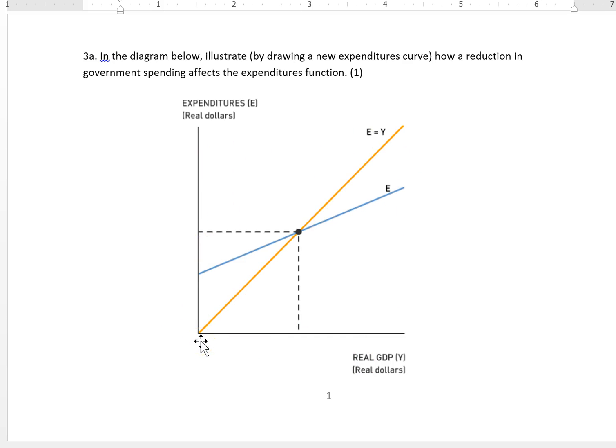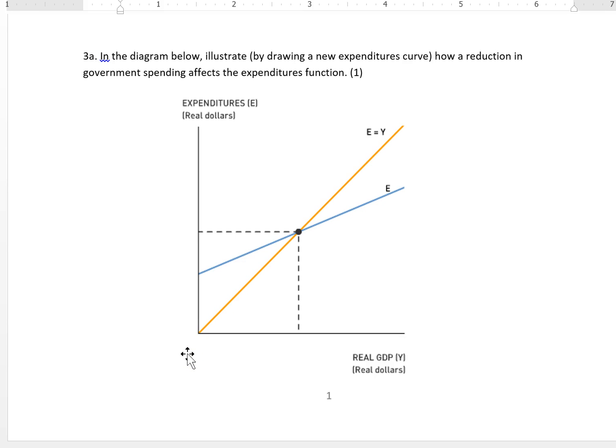Now let me just go over this a little bit. What we're seeing here is two variables. We're looking at spending and we're looking at income, or sometimes also looked at as real GDP. And this 45 degree line is only used as a reference guide.